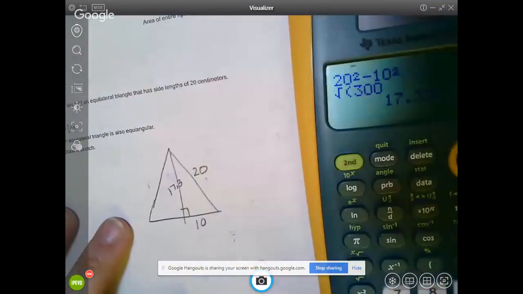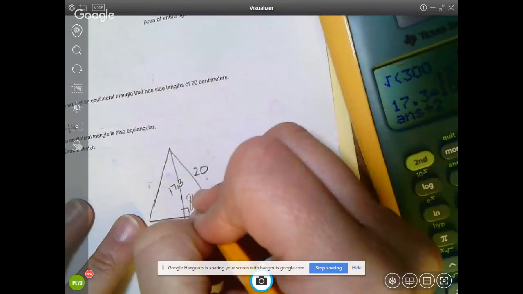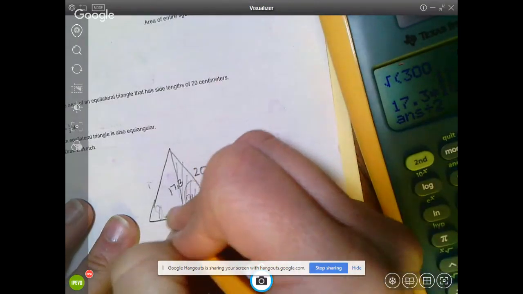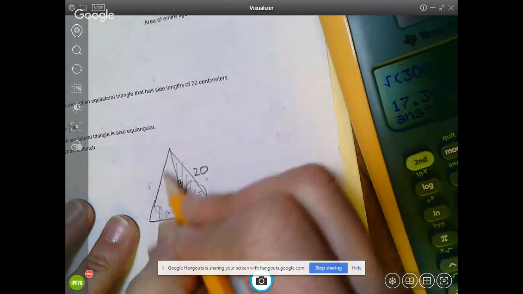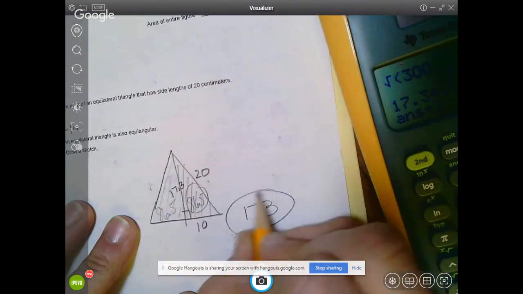And then you can do area. 17.3 times 10 divided by 2 means this is 86.5. If this triangle is 86.5, this triangle has to be 86.5. So when you add it up, you should get 173.